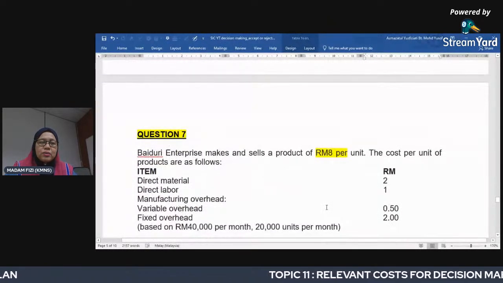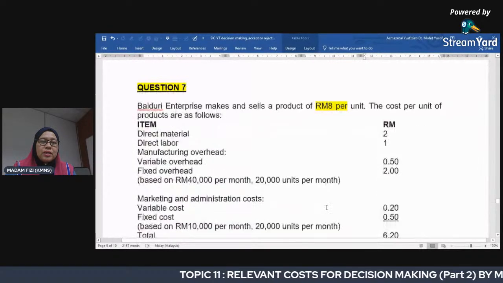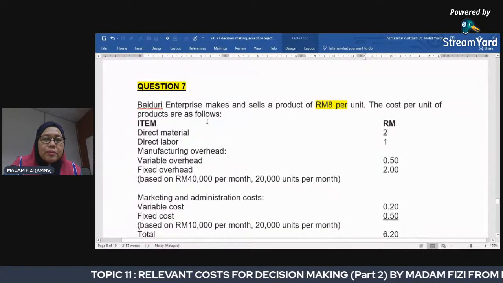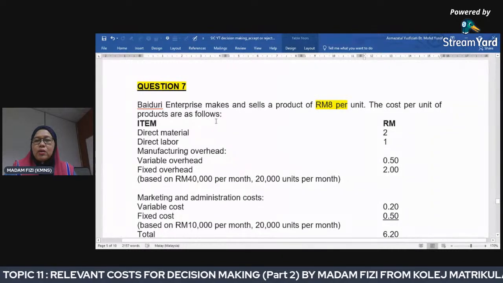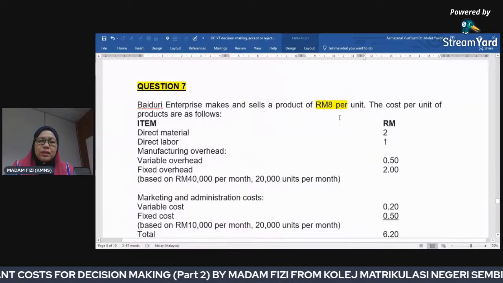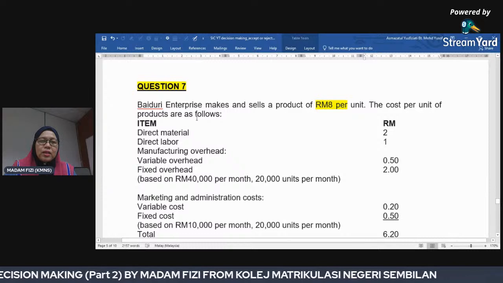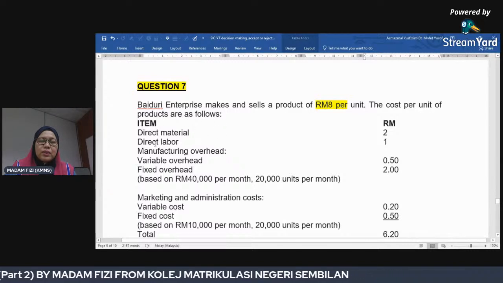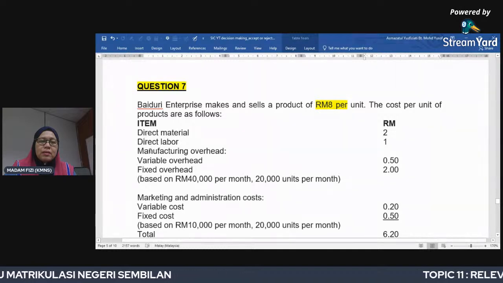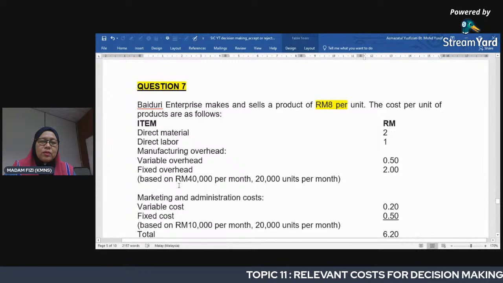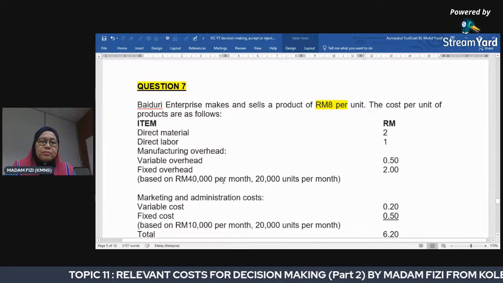Okay, so this is the last question. Baiduri Enterprise makes and sells a product at 8 ringgit per unit. The cost per unit of the product is as follows. You can read the question. The direct material, direct labor, manufacturing overhead and fixed overhead are based on 40,000 ringgit per month and 20,000 units per month.